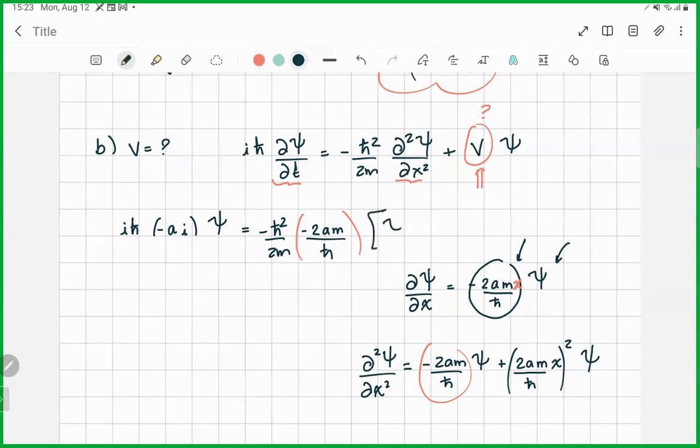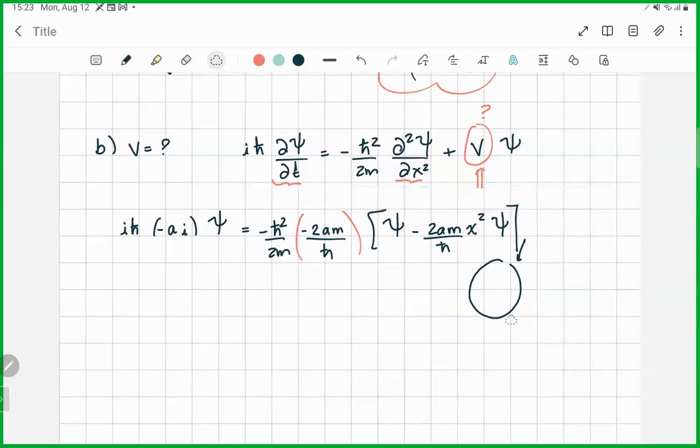So psi, this psi here, and now we have minus 2am over h bar x squared psi. Okay, so let's get rid of this part to gain some space. Okay, and what is next? On the other side, we have the V that we are trying to find. All right, so now it's a matter of isolating this V, and we'll get what it is, right?